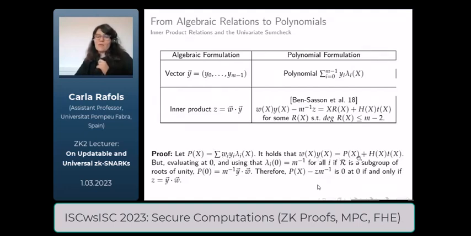And now if you evaluate at 0, knowing that you are in a subgroup of roots of unity, so here I'm really using that this set R is a subset of roots of unity, the i-th Lagrange polynomial evaluated at 0 is 1/m.